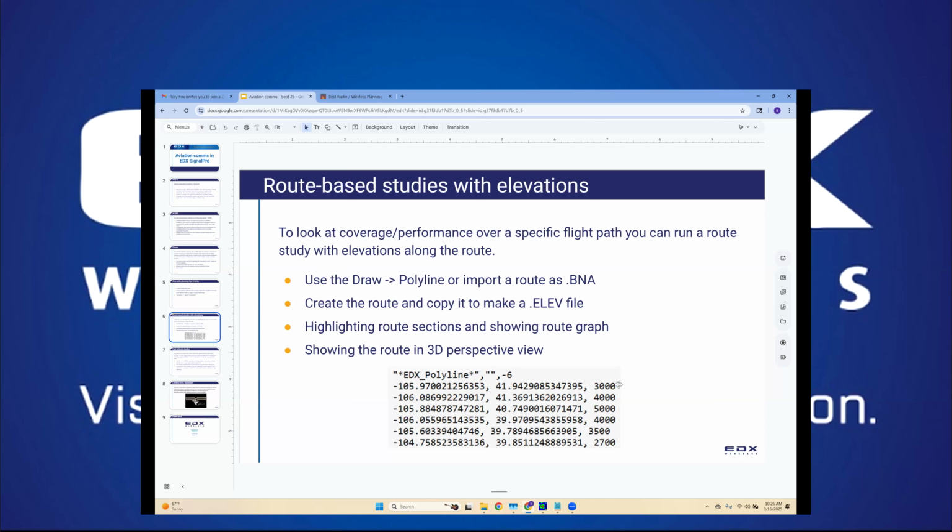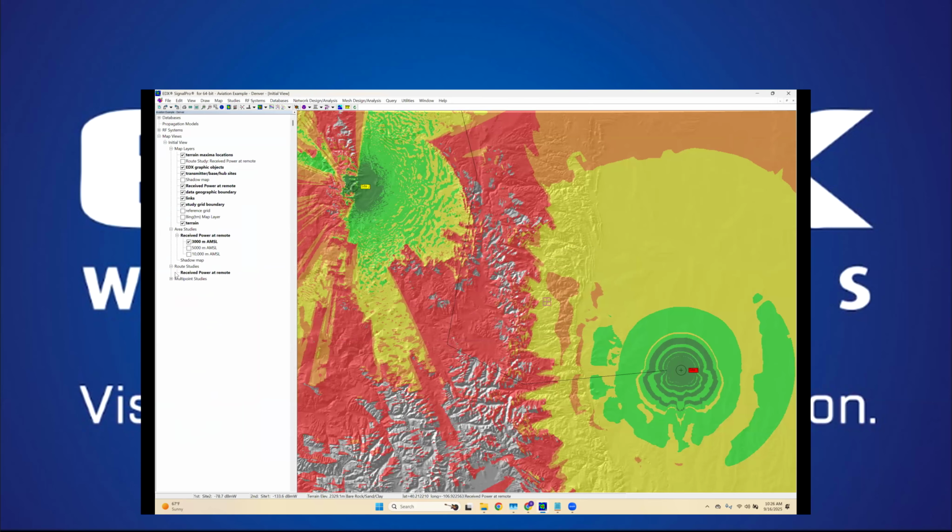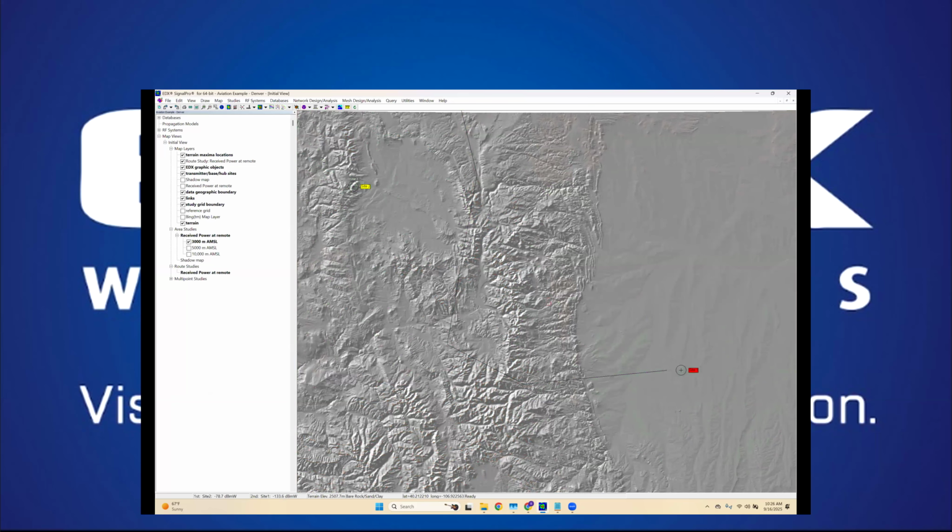So what we're saying is our aircraft starts out at 3,000 meters AMSL at this location, then proceeds on to this next location, next waypoint of 4,000, up to 5,000, back down to 4,000, 3,500 and so on. And so if I go and look at this route study in the software, here is one that I cooked earlier.